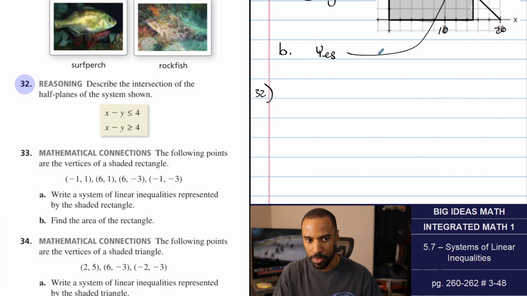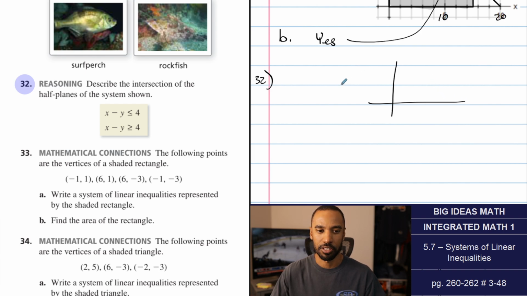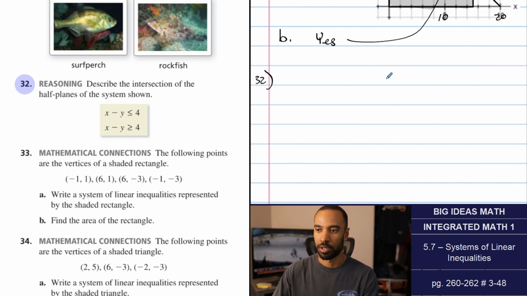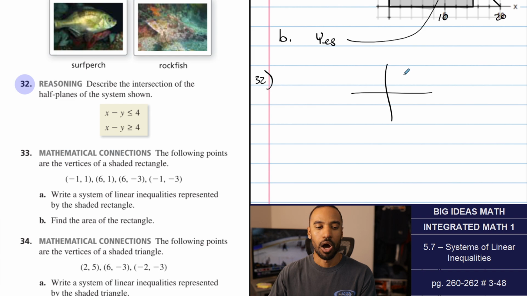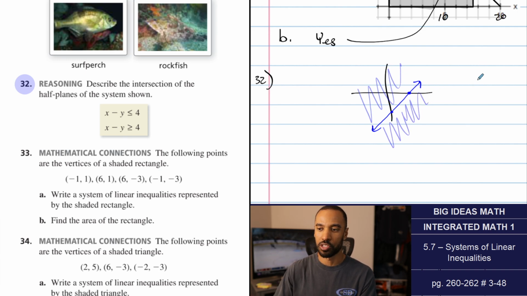It says describe them. Here's the thing, and I want to go without an official graph here, because I couldn't care less really what the thing looks like in and of itself. But let's do it a little more here. x-intercept of 4, y-intercept of -4. Your boundary line looks like this for both of them. They're both solid like that. One of them shades above, one of them shades below. What does it mean when you shade above and below the same line?